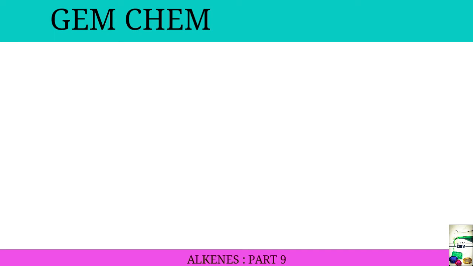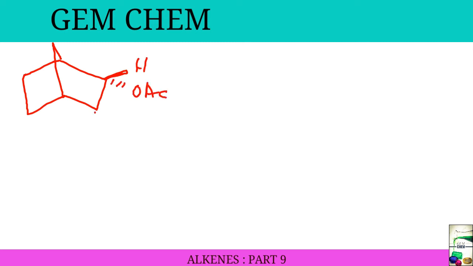Now if we take the parent free radical, that is this one, and here is hydrogen and here OAc, here hydrogen, and there is a dot, that is the free radical present here. Now we know that there is a dot HgH, right? So now what happens?